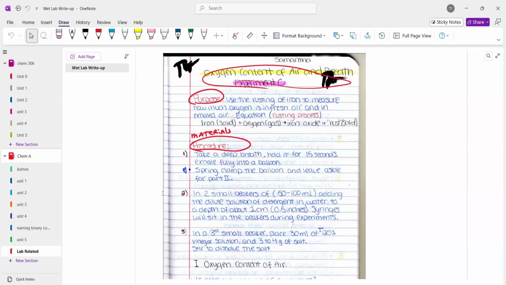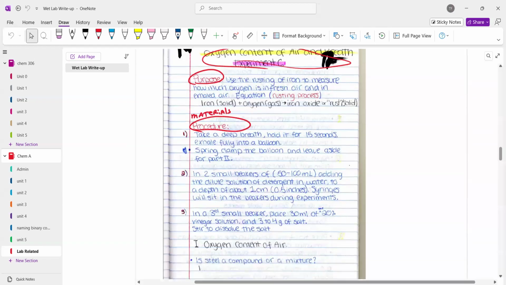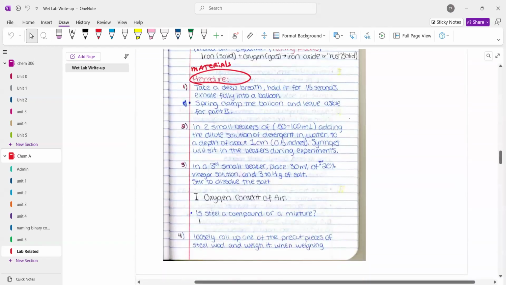Okay, so materials. Procedure. Now, this is like a recipe for cooking, all it is. If you want to summarize it, fine. In fact, I like it if you summarize it because I know you read it. Now, you can do this whole thing, all procedure, and not read it, just copy it.